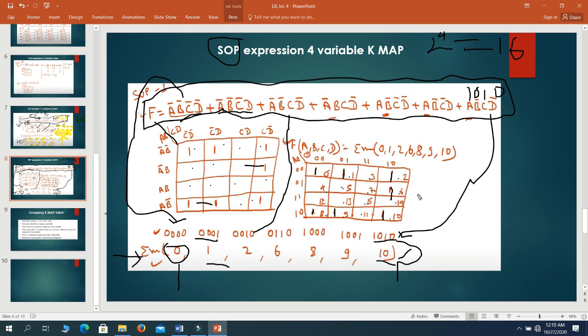Once we have figured out the minterms, we need to fill up the different cells of the K-map with ones in these cells, and apart from these cells, other cells should be kept either vacant, or filled with zeros.